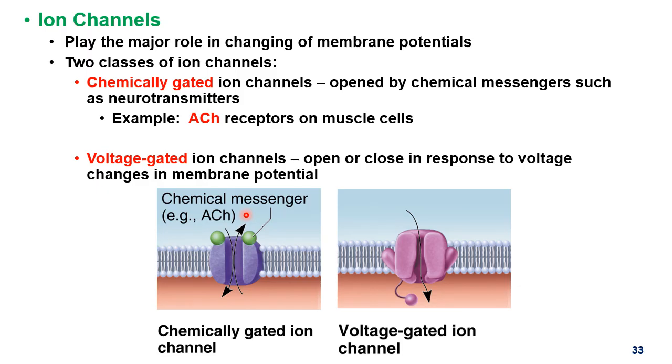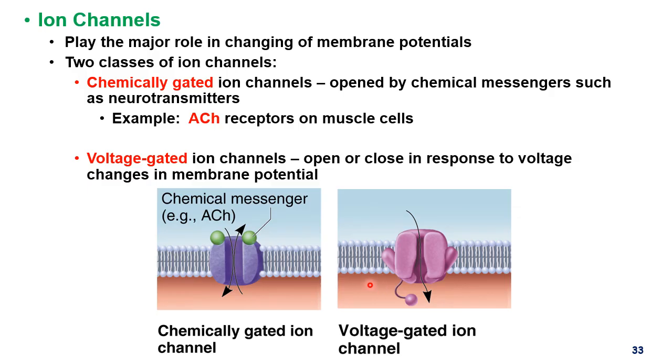That depolarization is going to be transmitted from this channel that was chemically sensitive to another channel that is close by but doesn't need the neurotransmitter. It doesn't need the chemical. It is going to feel the change of the membrane.